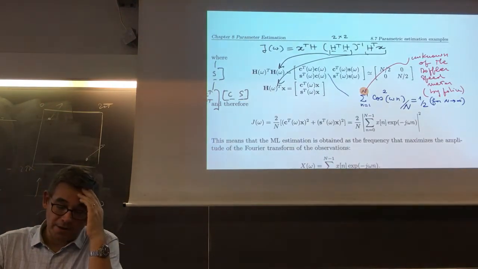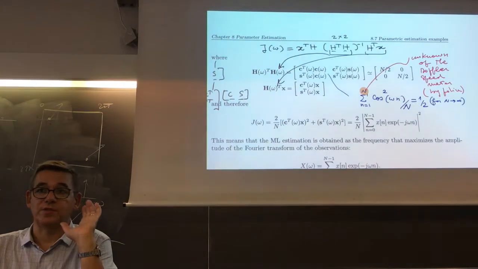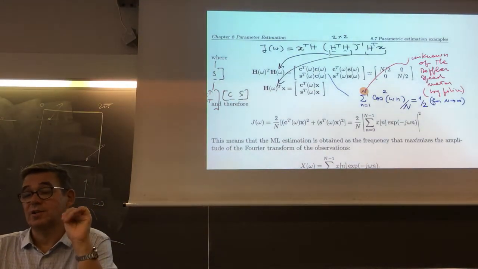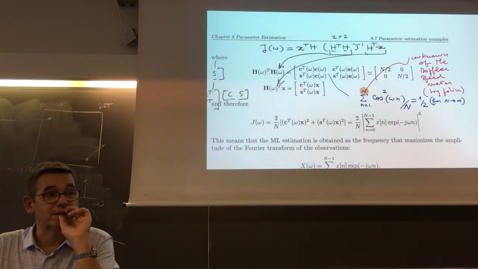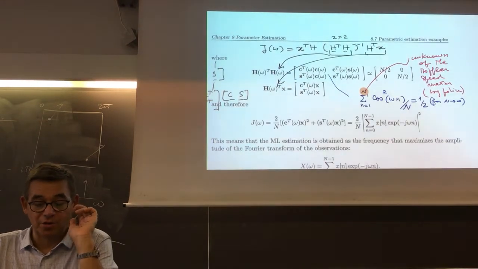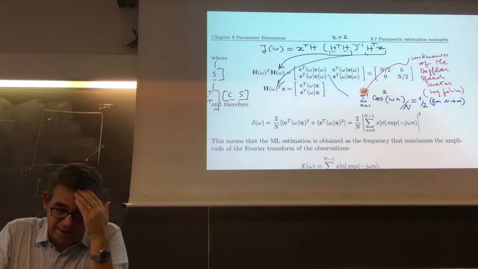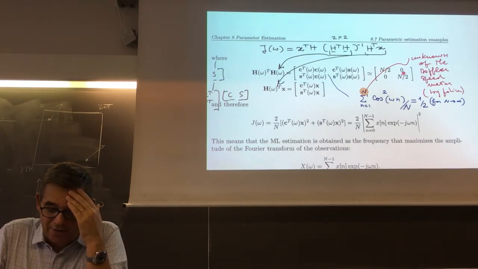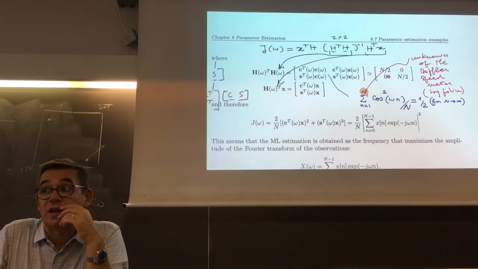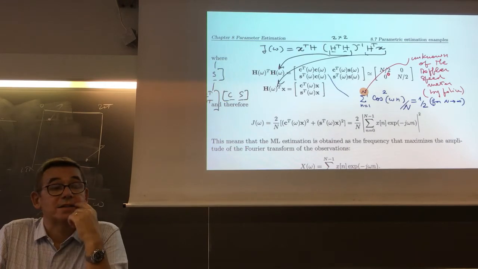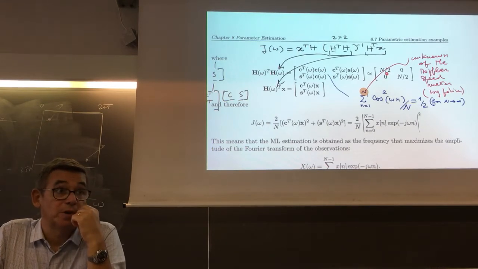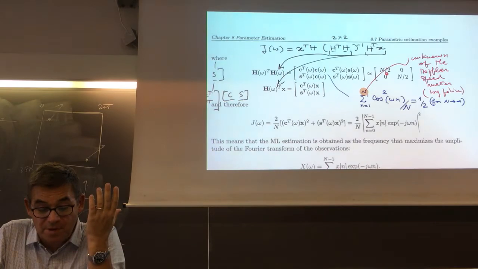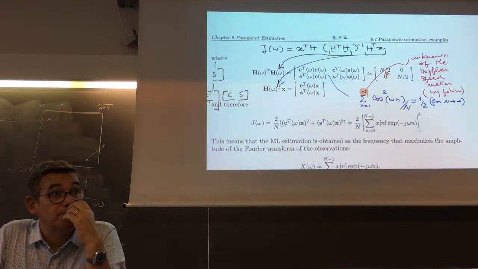So I'm assuming that N is always large enough. Then we get that this matrix, which was complicated at the beginning, is equal to N/2 along the diagonal and 0 on the off diagonal. This matrix now becomes easy to compute. It was a nightmare, and now it's becoming easy.